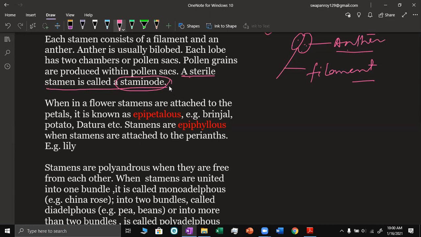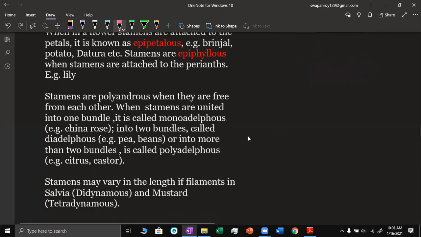In a flower, a different number of staminodes may be present, not in all flowers. The stamen may be fully developed, but the pollen grains produced within the anther are non-functional. Or sometimes the anther is not formed, or the stamen does not develop at all.